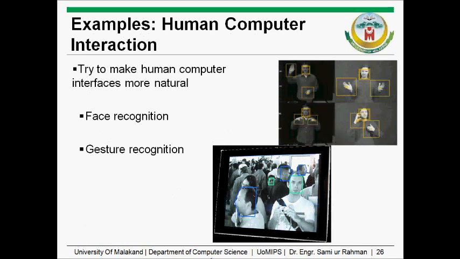Okay, and I already said about human computer interaction, so this is another interesting area of image processing where you make the computer understand human faces, human gestures, human movements, and a lot. And this is also used in security, like at airports.